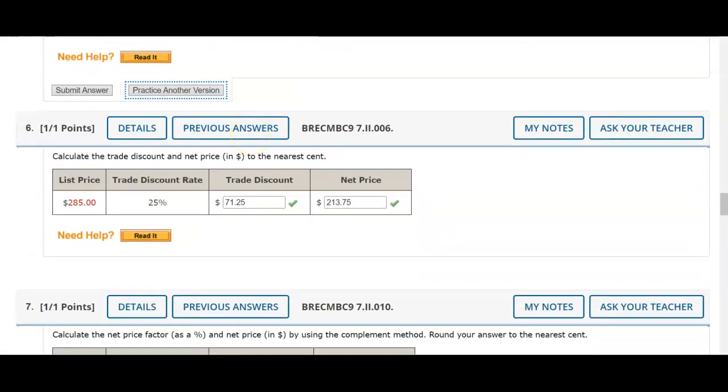So the next one is going to ask us for the trade discount and the net price. So let's do another one here. It may not let me do another one, so I'll just show you how to do this one. So your list price is $285 and your discount rate is 25%.